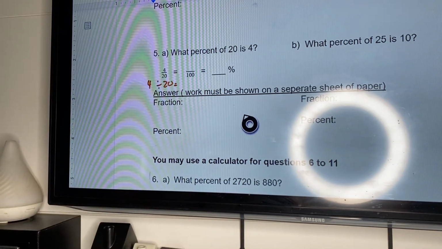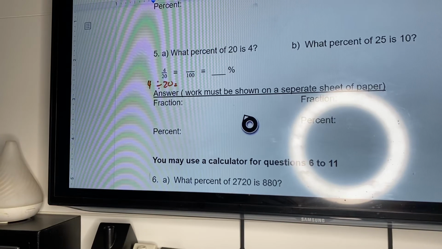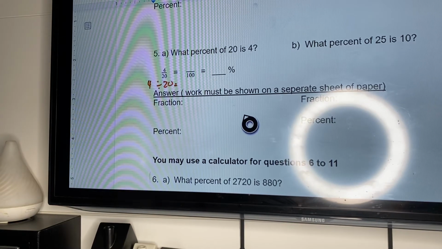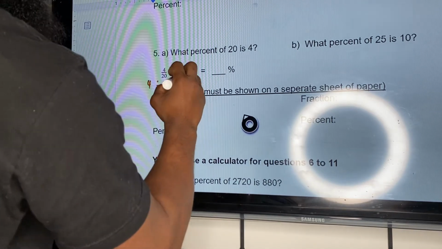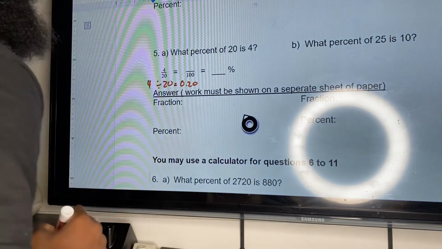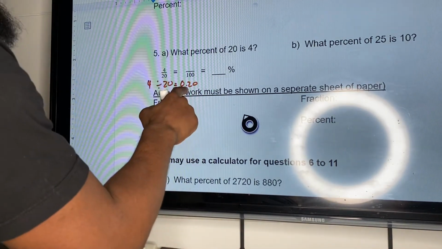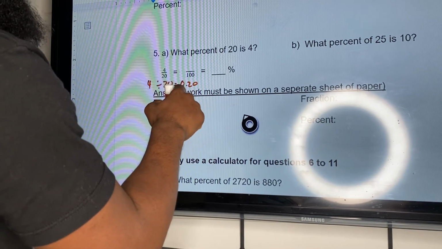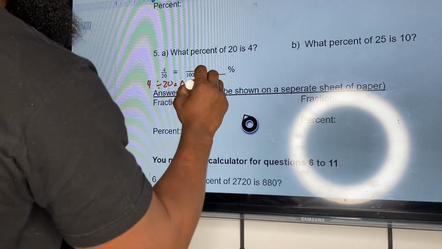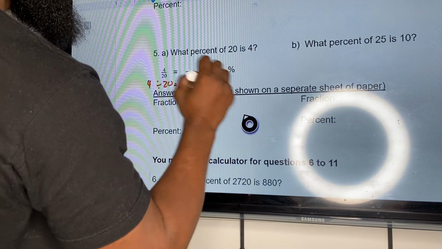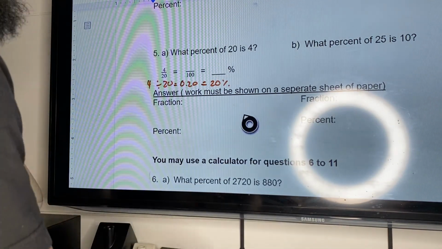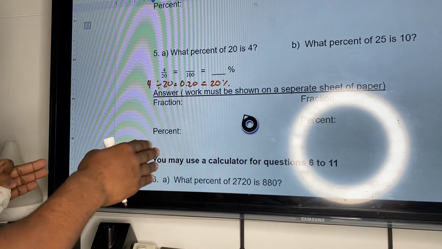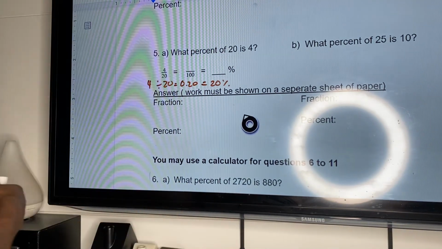And you will get 4 divided by 20 gives you 0.20, right? 0.20 as a percent will be 20%. Now to go from a percent to a decimal, you move it 2 spaces to the left.